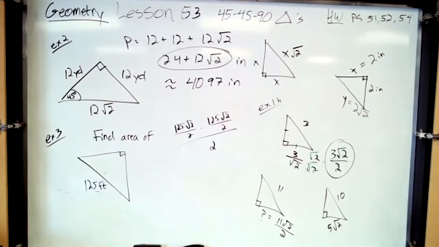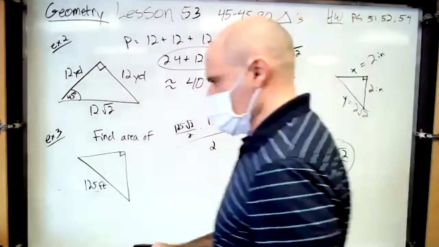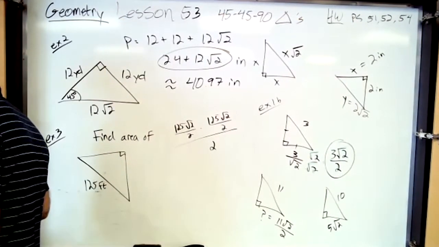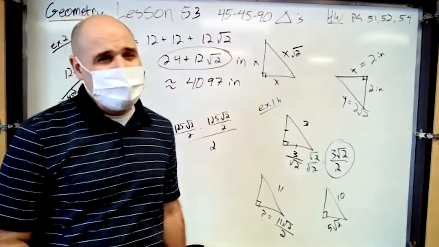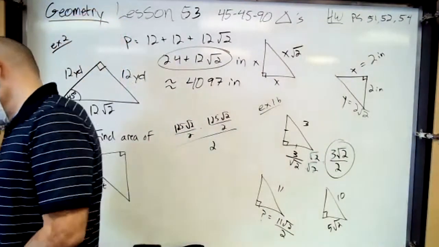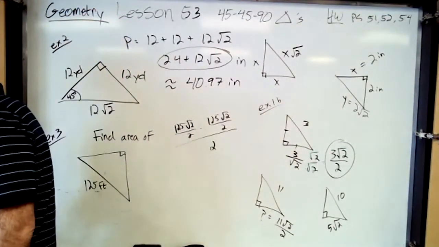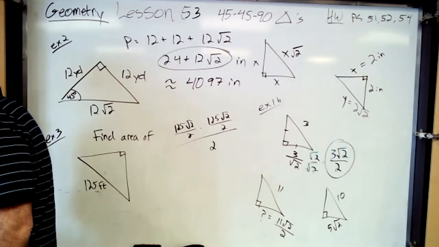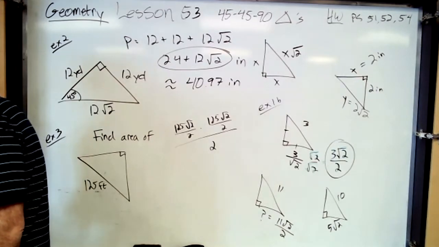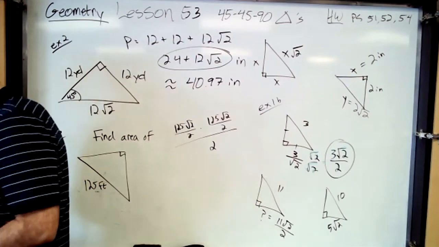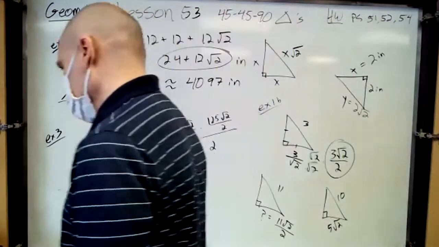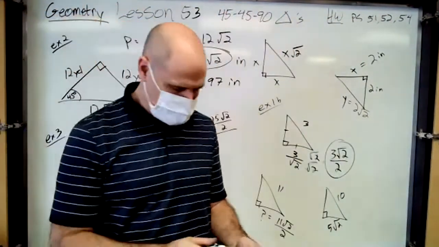So let's just find radical 2. I had 1.189. I'm going to just put it in my calculator. Nope, I lied, sorry. 1.414. Thank you.